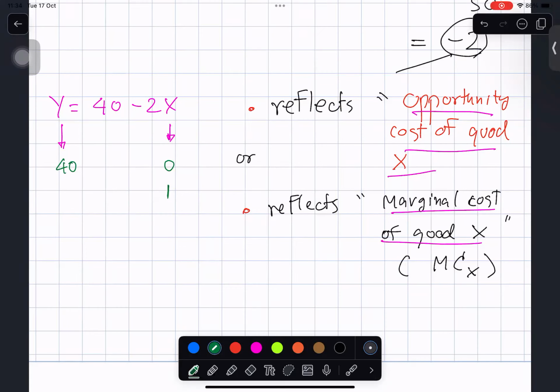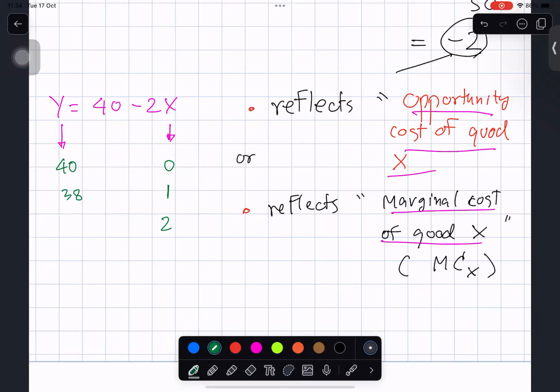If you replace X with 1, 40 minus 2, 38. When he wants to have the first slice in his basket, Pepsi reduces to 38. If you substitute 2 for X, you will know how many Pepsi you can have. If you want to have 2 units of X, your Pepsi would be 36.